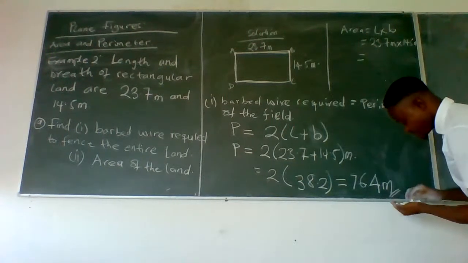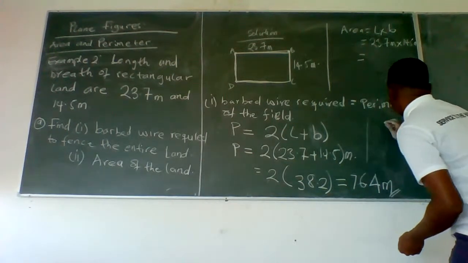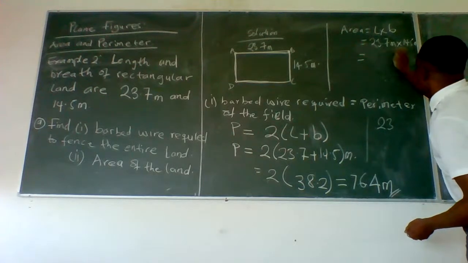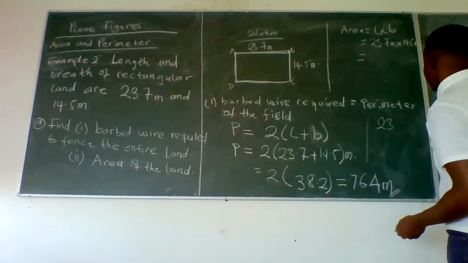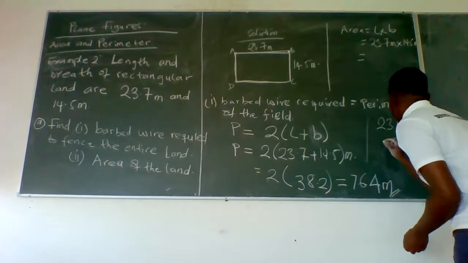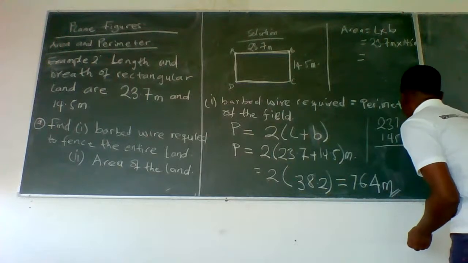So let's do the multiplication over here. Let's multiply each number by 10 so that we remove the decimals, and then we will bring it back. So you have 37 times 145.